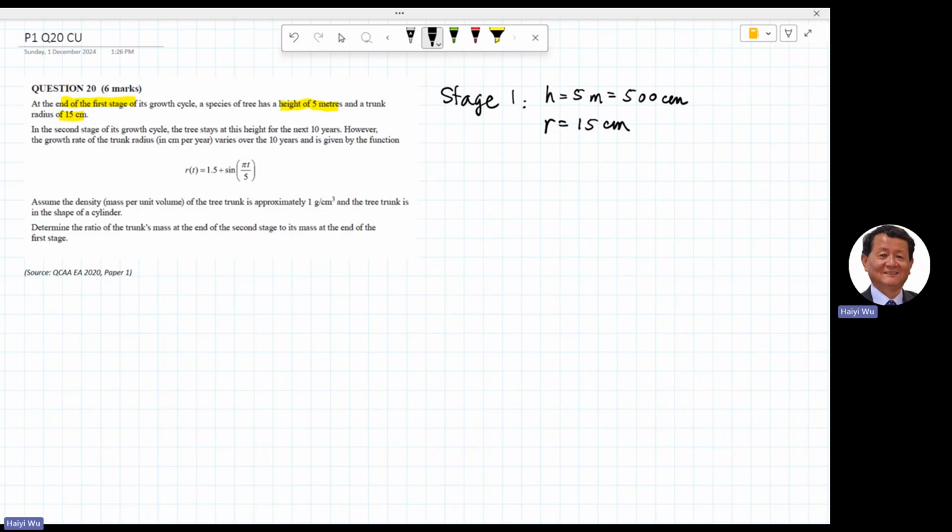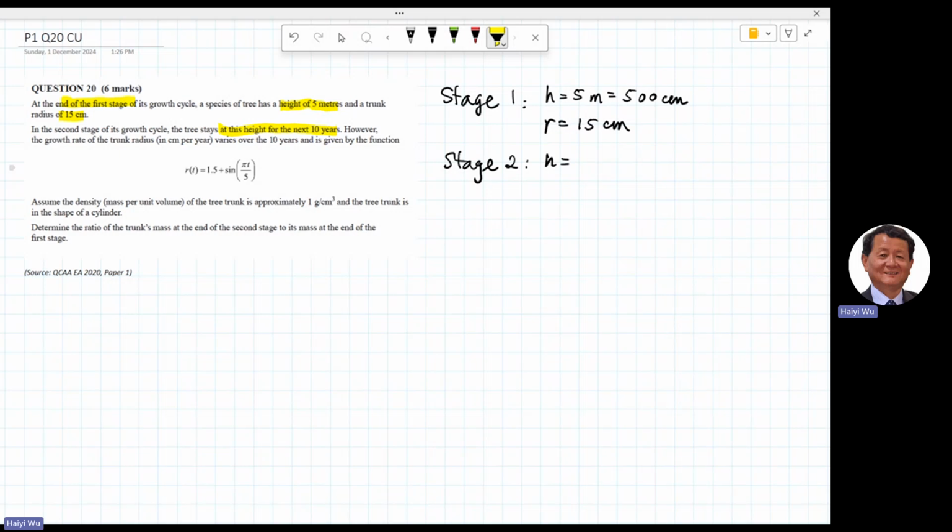Stage 2, the height is unchanged. If you look at this sentence, for the next 10 years, that tree stays the same height.